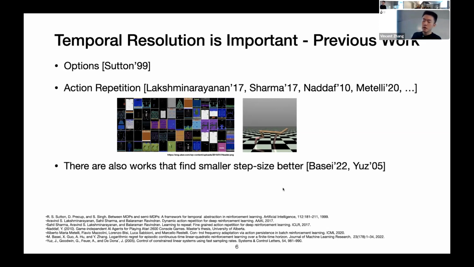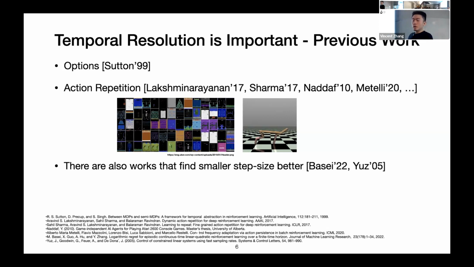The underlying message of action repetition, that it helps in these simulated environments, is that you probably want to go for a higher temporal resolution, like a bigger step size than what is given by the environment.